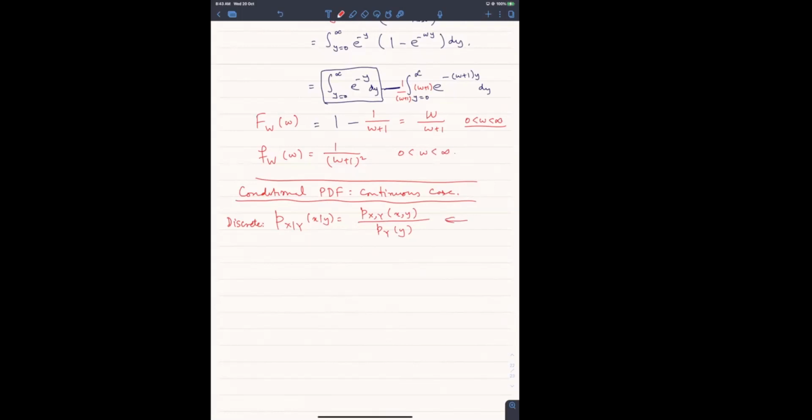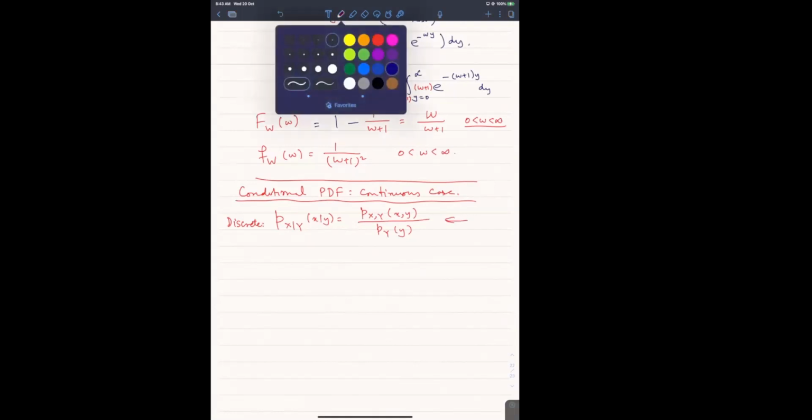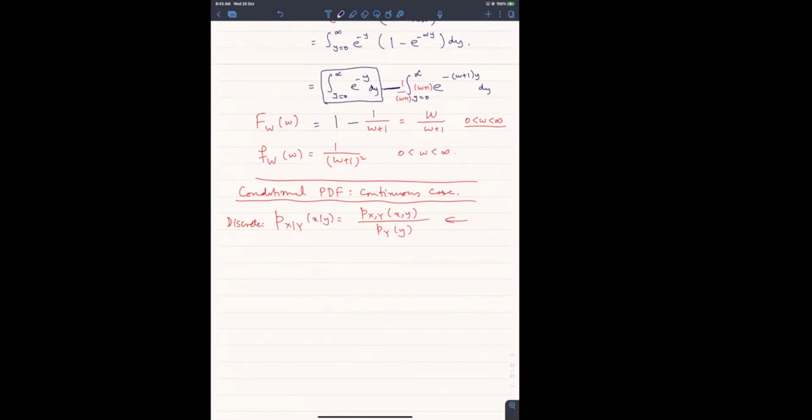By the same token, continuous के case में, there is some more description of this in the notes.